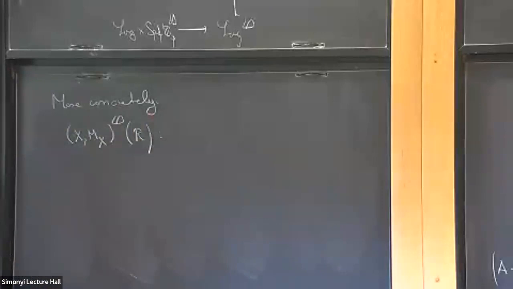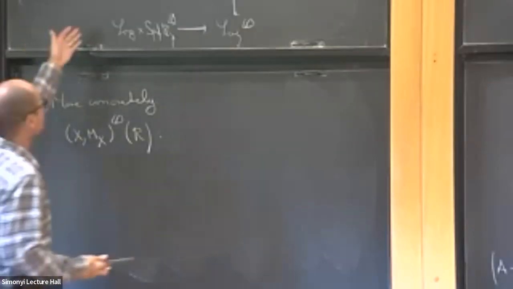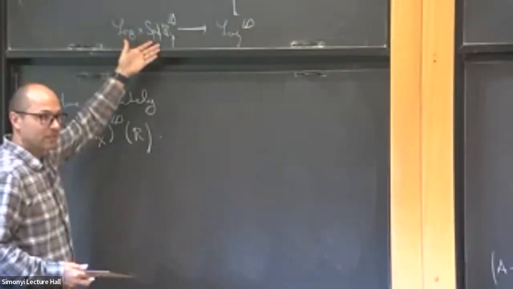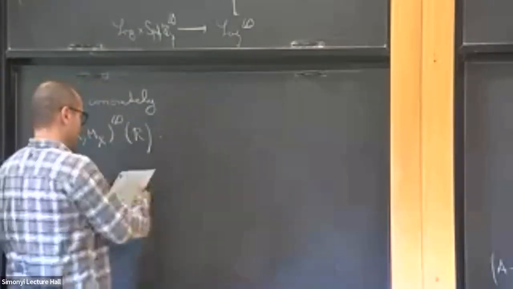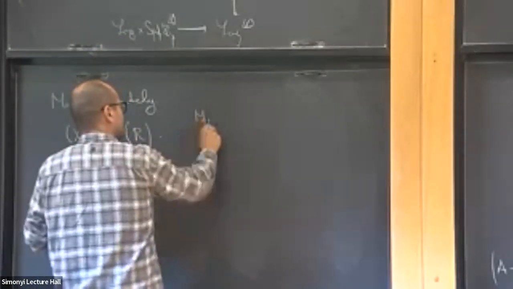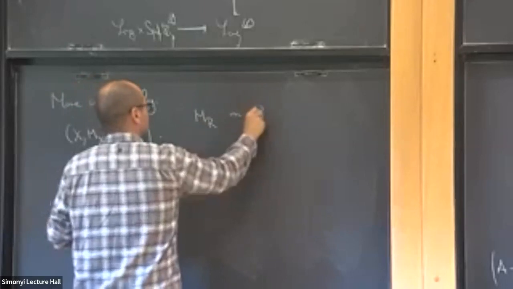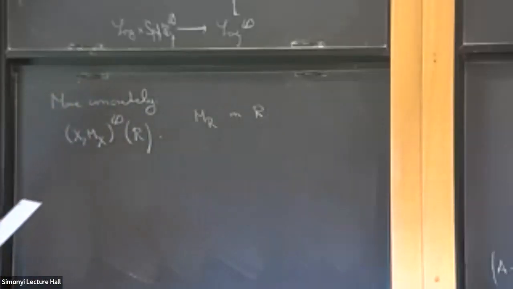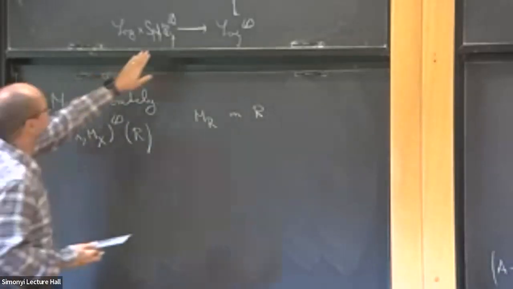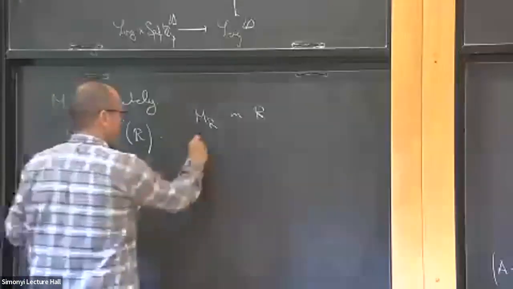What is the data? I have to give a map to this thing first of all, so I have to give a log structure. I also have to give a map to this thing, so I have to give a Cartier-Witt divisor.